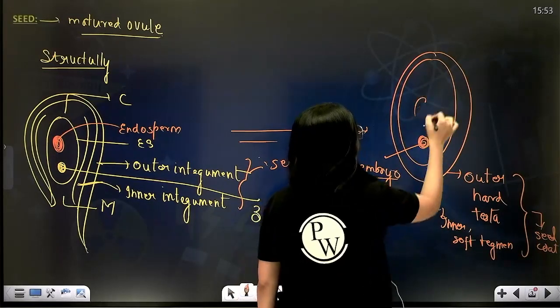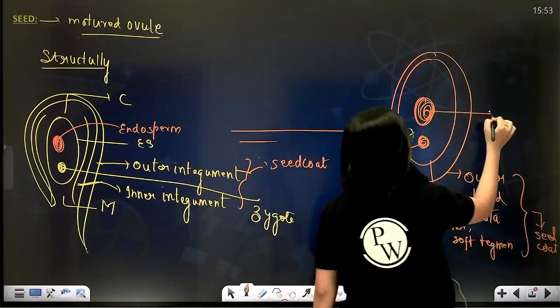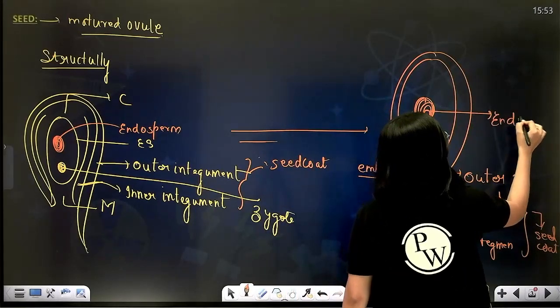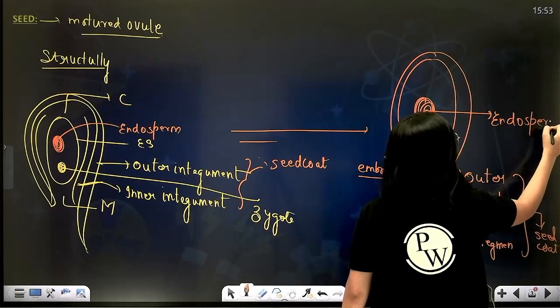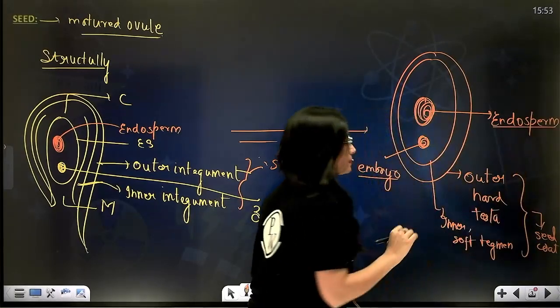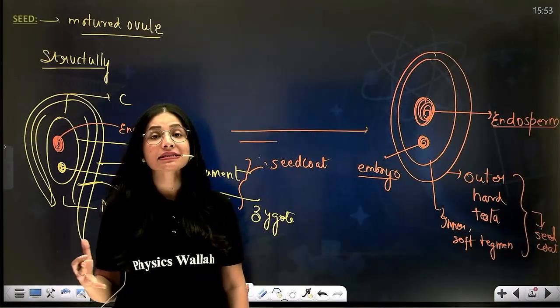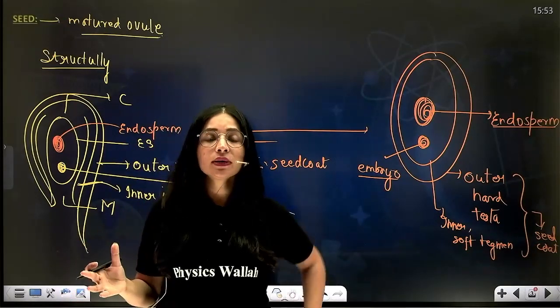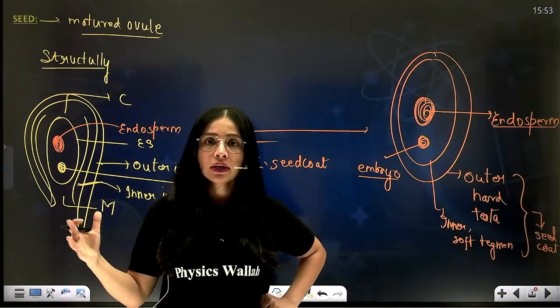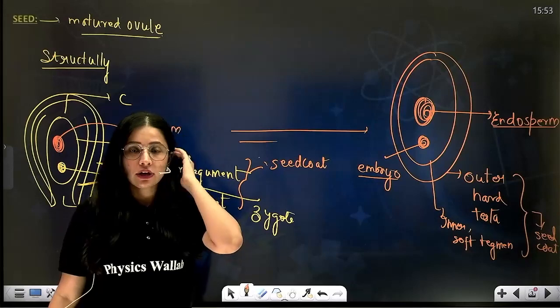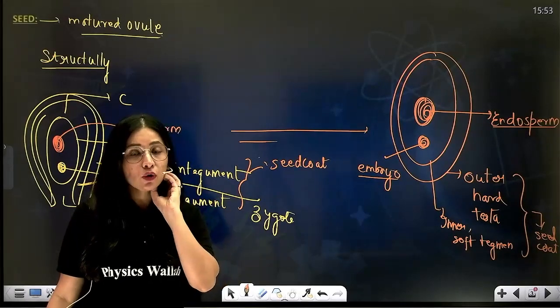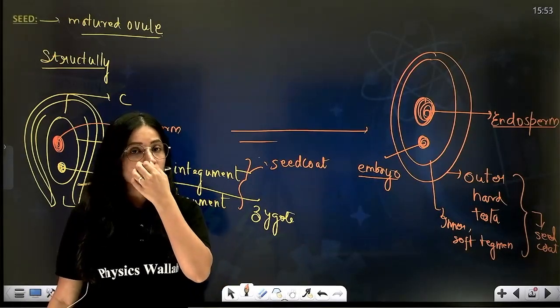Plus, they can also have a triploid tissue called endosperm. All these topics you have already studied in class 11th while you were studying seed and fruit in the chapter morphology. So here I'm just going to give you a quick overlook of the structure of seed.